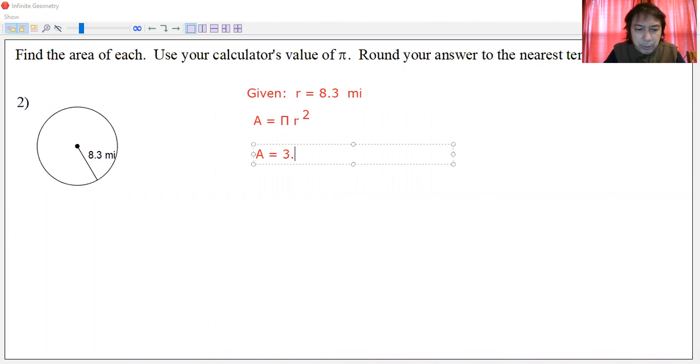This will be 3.141592654 for the value of pi times the radius 8.3, and then we shall square this.